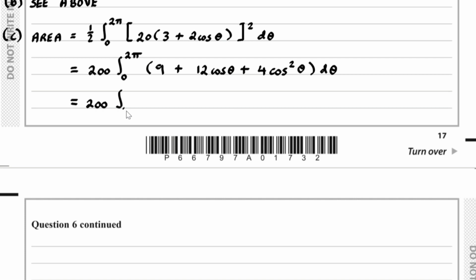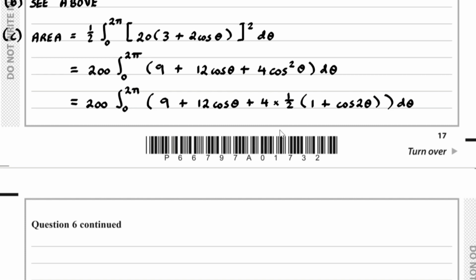We've got 200 lots of the integral from 0 to 2 pi of 9 plus 12 cos theta plus 4 lots of 1/2 of 1 plus cos 2 theta d theta.